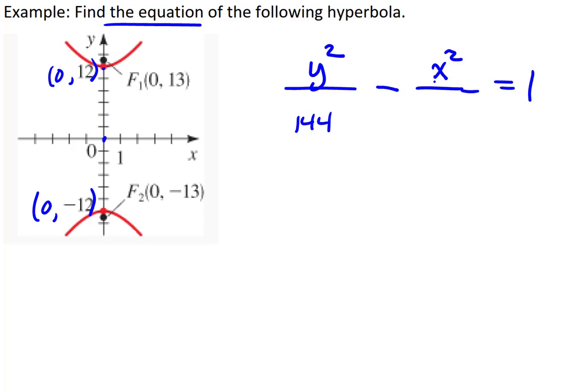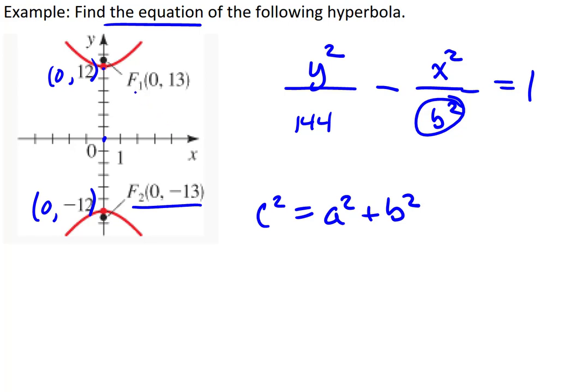And then for the x value, remember, we don't know this exactly, but what we do know is that c squared equals a squared plus b squared, and we are expecting to find b squared to be the value underneath the x squared. Furthermore, it's also given that the foci coordinates are 0, 13 and 0, -13.